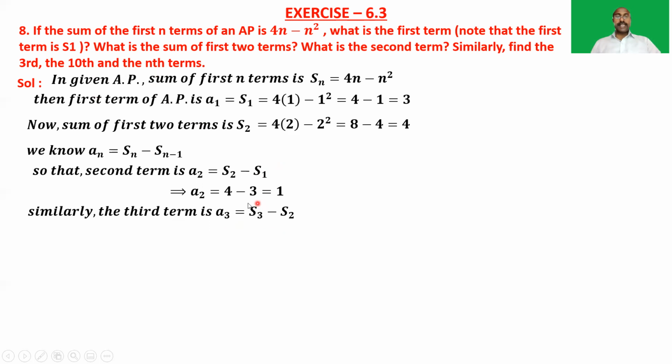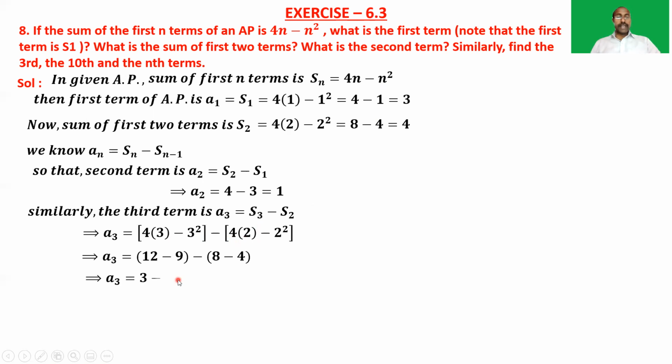We get S3 by substituting n is equal to 3 in the given Sn. So S3 is equal to 4 into 3 minus 3 square, as well as S2 is equal to 4 into 2 minus 2 square. So S3 minus S2 is equal to 4 into 3 minus 3 square minus 4 into 2 minus 2 square. We have 4 into 3 is equal to 12, 3 square is 9, 4 into 2 is 8, 2 square is 4. So in that way, we get A3 is equal to 3 minus 4, which is equal to minus 1. So the third term is minus 1.